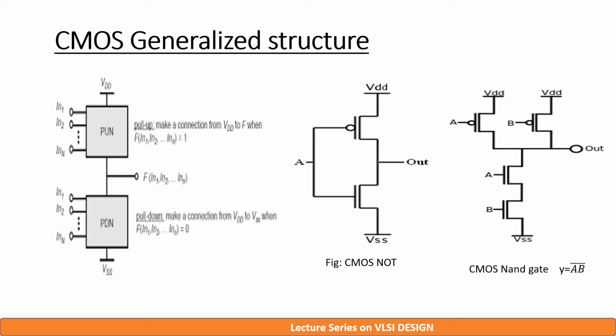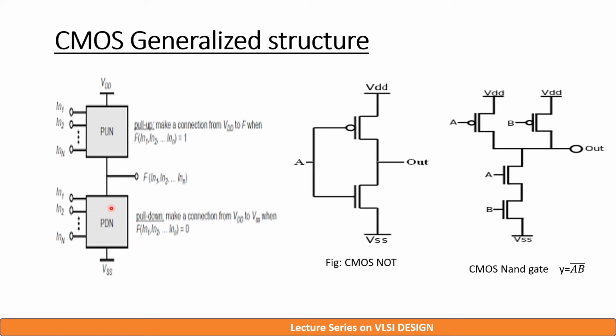So before analyzing static load inverter, let us revise CMOS structure. So CMOS is a combination of PMOS and NMOS devices. So CMOS consists of a pull-up network which is built using PMOS devices and a pull-down network which is built using only NMOS devices.